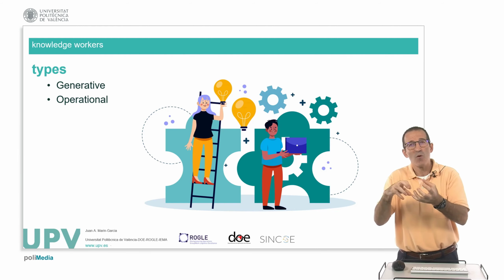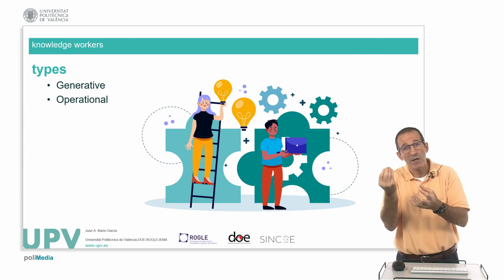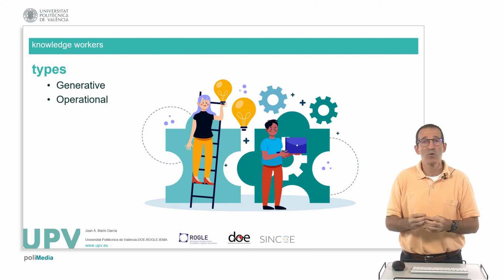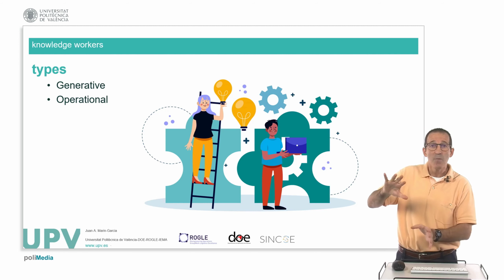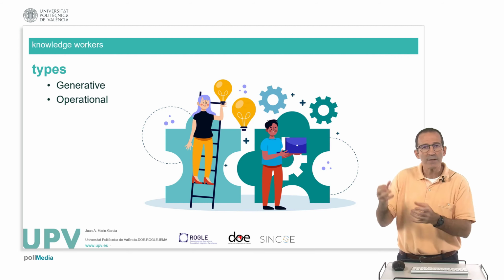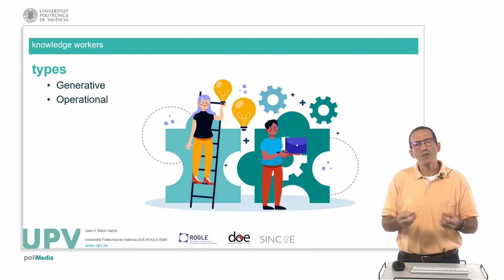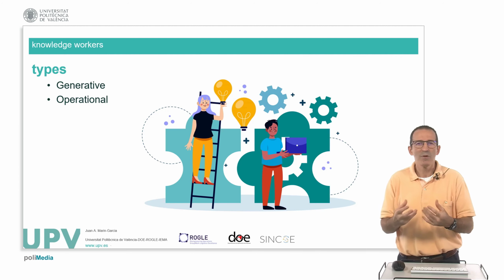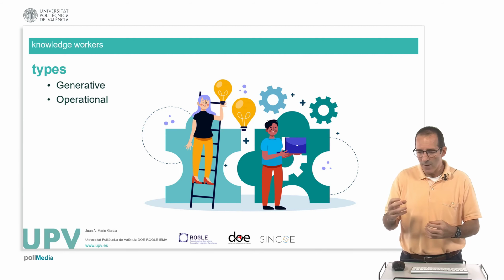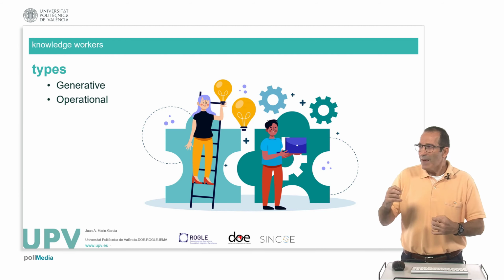The other major category of knowledge professionals, which may sound less glamorous, comprises individuals who focus on well-known processes. This type of worker is known as the executor or operational individual. The operations with which they work are complex but with a well-known structure.